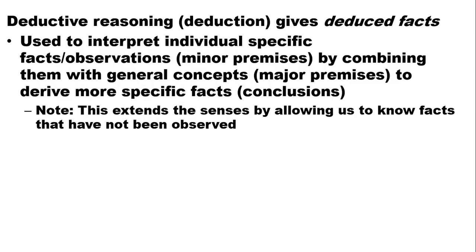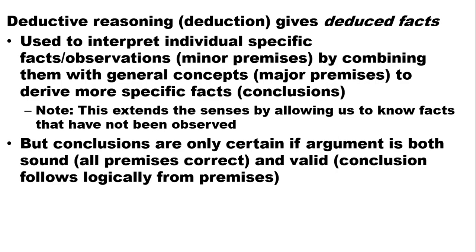So we know, for example, that if a dinosaur tooth is thin and peg-like, that dinosaur's hip had its pubic bone pointing forward, even though we haven't actually observed the pubic bone of that dinosaur. So the pubic bone pointing forward is a deduced fact rather than an empirical fact.